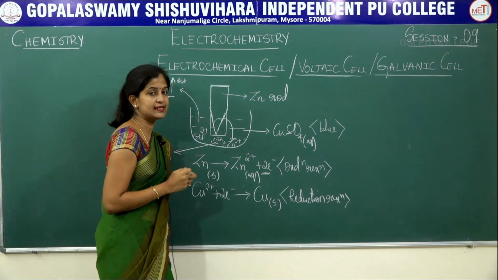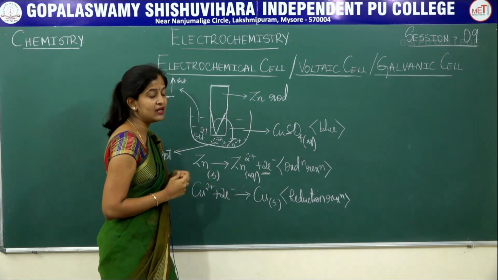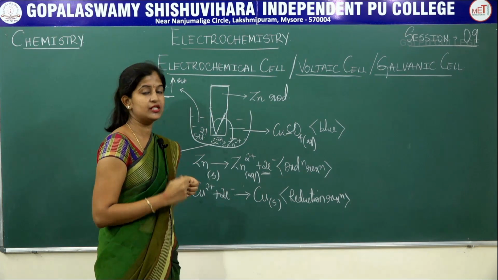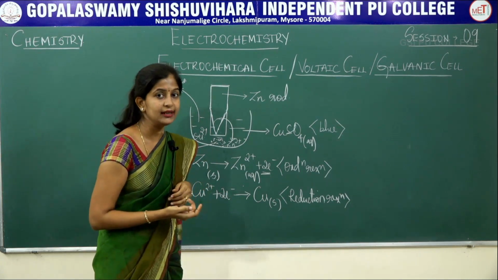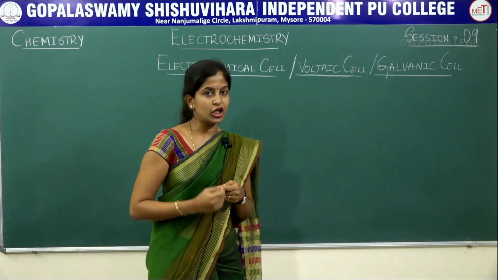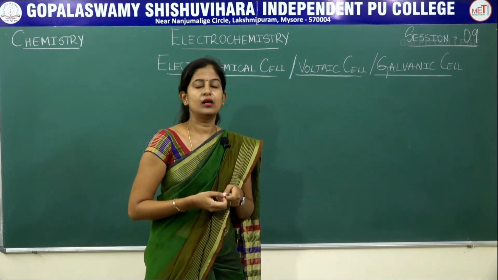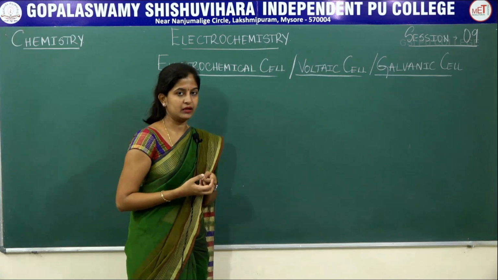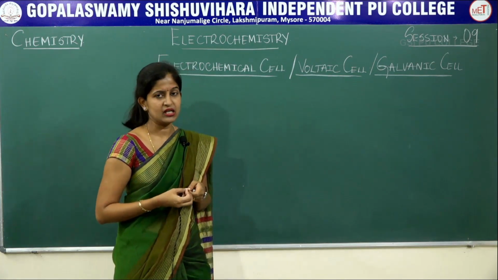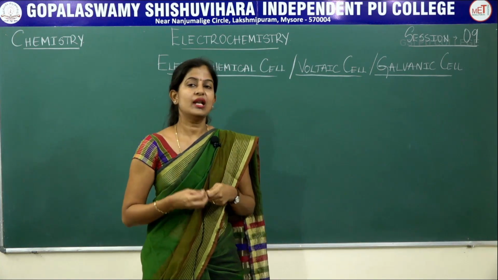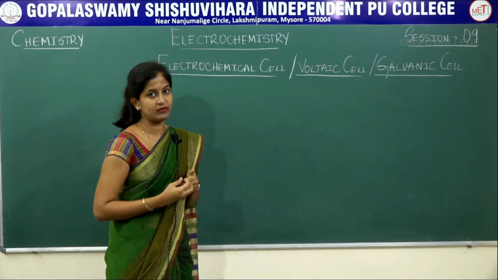So now we will be discussing in detail this electrochemical cell, which is a special setup that converts chemical energy into electrical energy. There are a lot of examples that can be taken for explaining the electrochemical cell: the nickel cadmium battery, nickel silver batteries, lead sulfate batteries. Like this, a lot of examples can be taken.